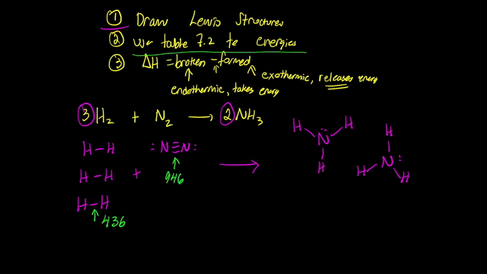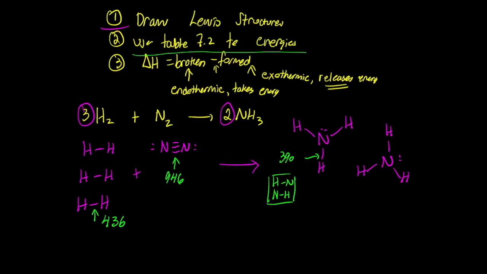And the N-H bond is 390. I should mention that in the book you see H-N, that's the same as N-H. Okay, so same thing. You're just looking for H-N or N-H.